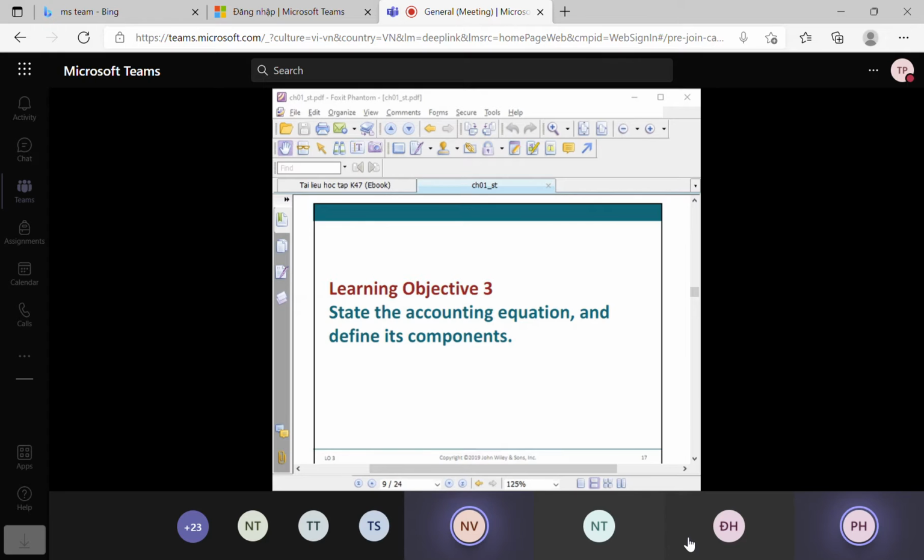Before coming to the accounting equation, I want to talk about the components of accounting in any firm.